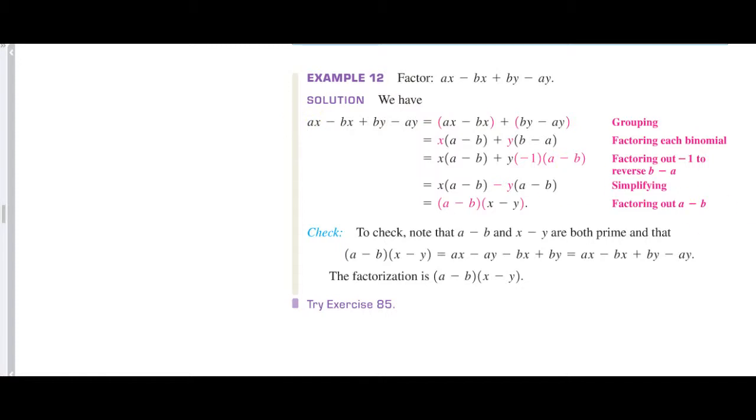So for these two, we're going to be factoring out a common x right there. And that's what they got. Here, a common y. Okay? Now, notice if we had factored out a negative y, which is what this becomes, I then get my common factor of a minus b.